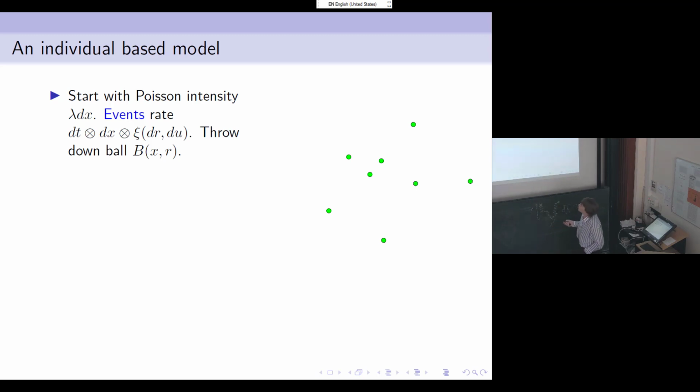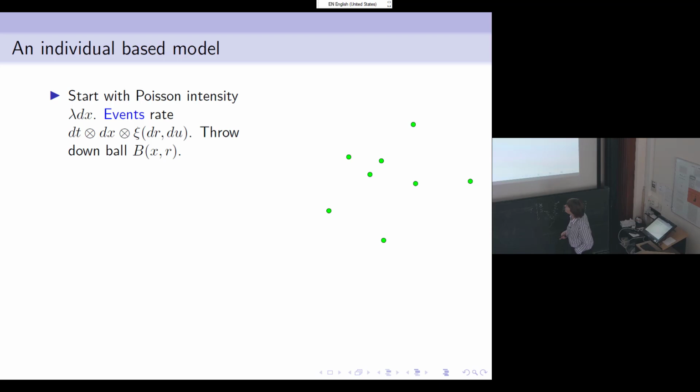The way this is going to work is that we're going to throw down events at a particular rate. This all looks very scary, but it's not really scary. At a rate which is constant in time and homogeneous in space, I throw down balls which have a random radius r, and for each such ball, I also draw a number u.